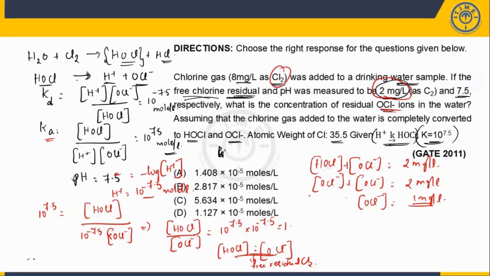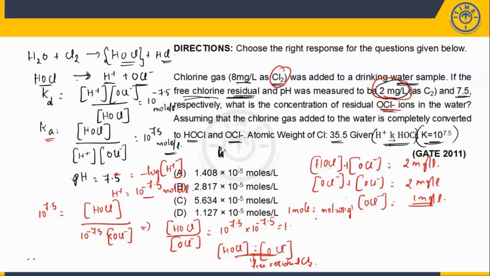As Cl2, right? 1 mole is nothing but its molecular weight in gram. Now, OCl minus is 1 milligram per liter.